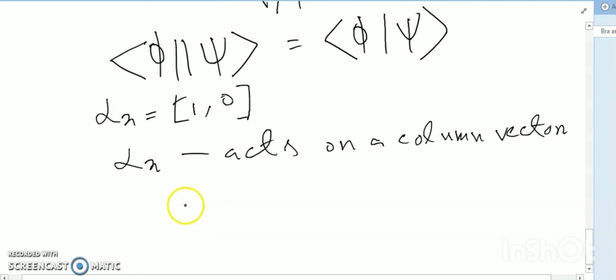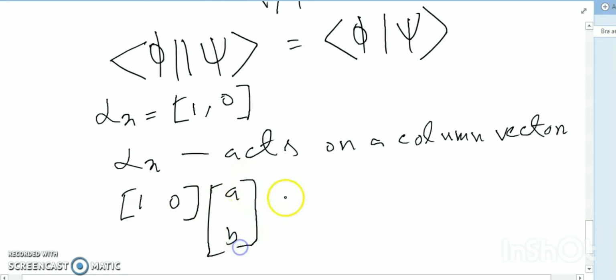So Lx (1, 0) into (a, b) equals 1 dot a plus 0 dot b.